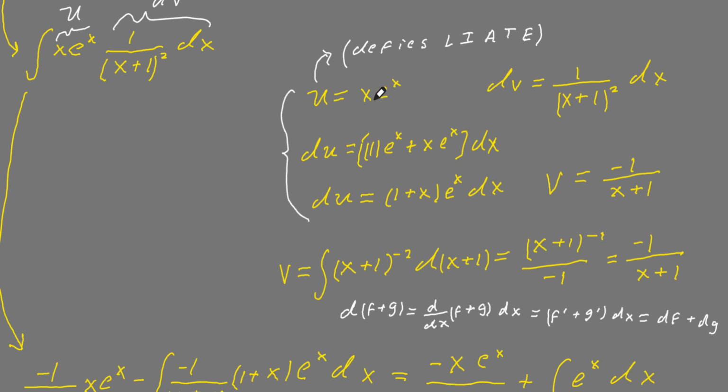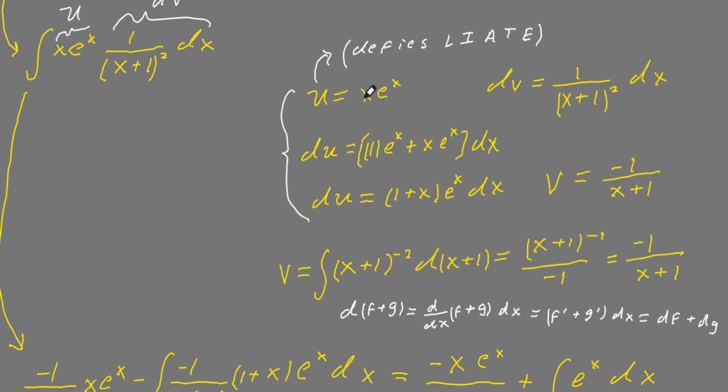Now u is equal to x times e to the x. And this choice, by the way, violates the LIATE rule of thumb, because you have x here, which is algebraic, and you have e to the x, which is exponential, and LIATE doesn't tell you to multiply these different terms together. So anyway, you need du, so you have to take the derivative of this with respect to x. You could use the product rule.